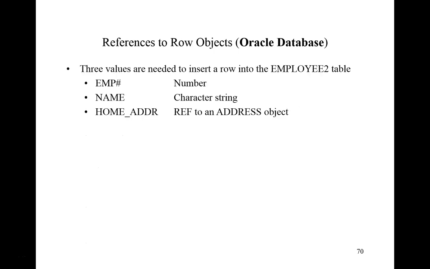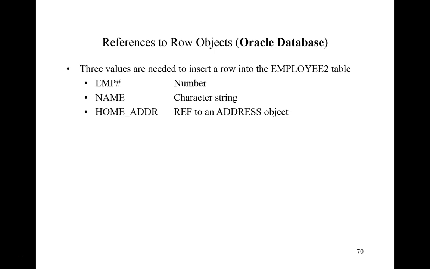but in reality, we have 4 object instances, 4 address objects. When we insert a row into employee2, we'll need 3 values. One value will be the employee number, which is numeric. Another value will be the name of the employee, a character string, and the third will represent the home address. Actually, it will be a reference to an address object, a pointer to an address.